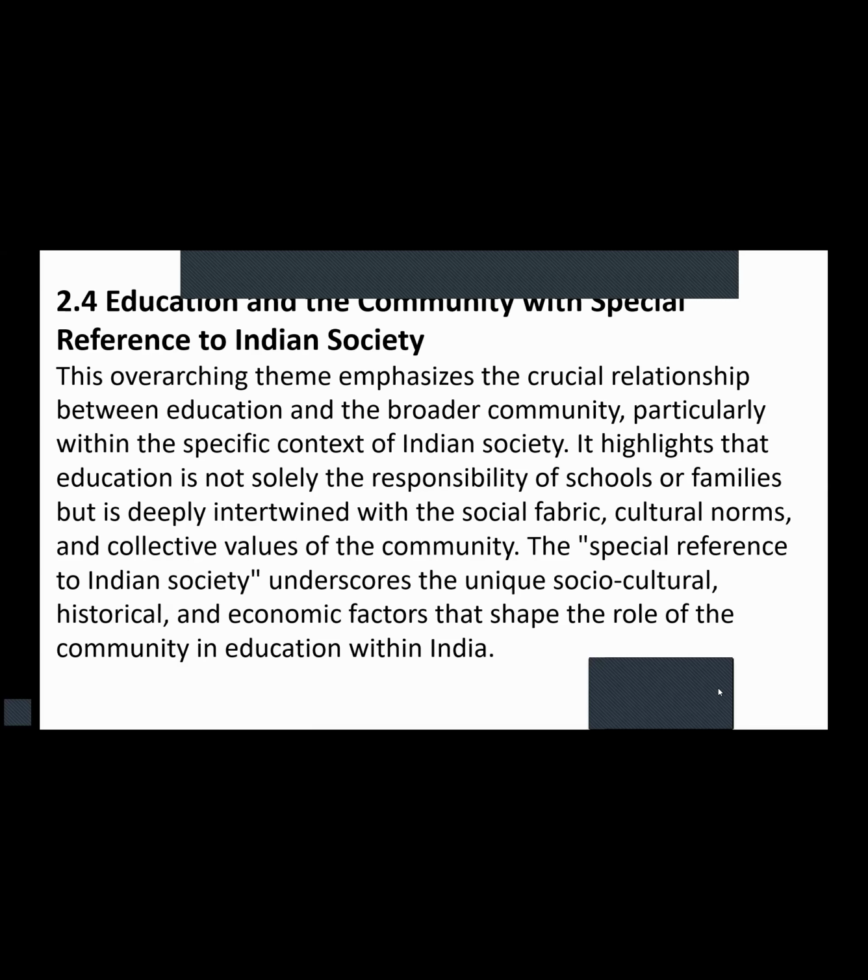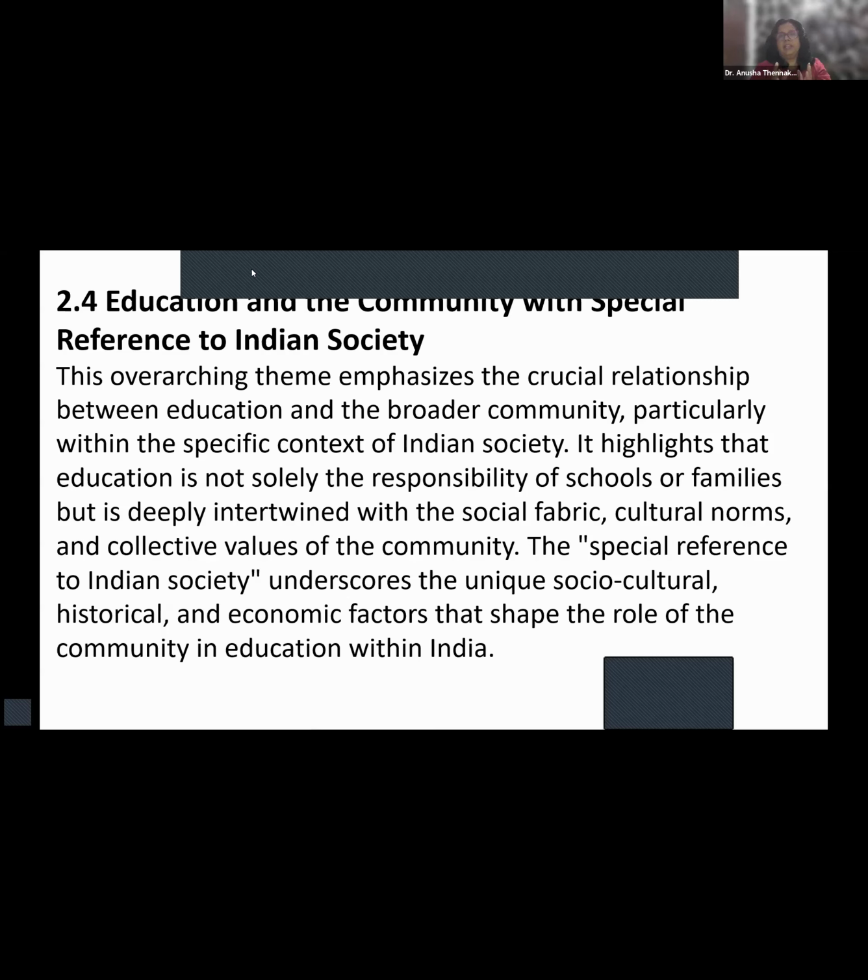Okay, now we'll understand education and community with special reference to Indian society. So that is the topic. And this topic emphasizes the important relationship between education and the broader community.